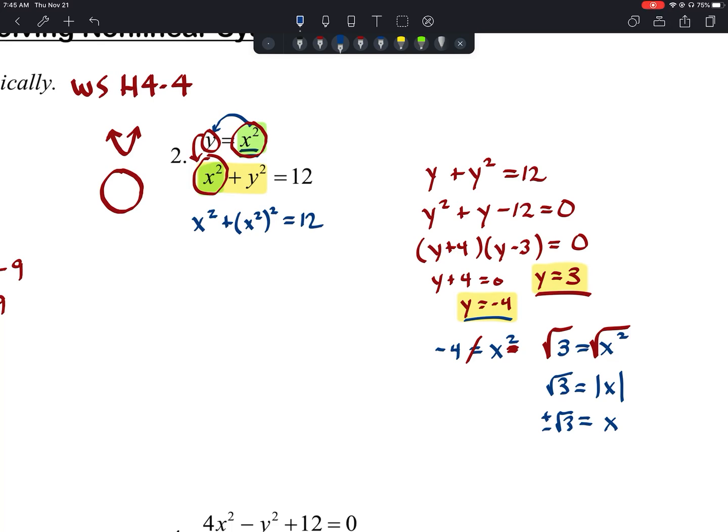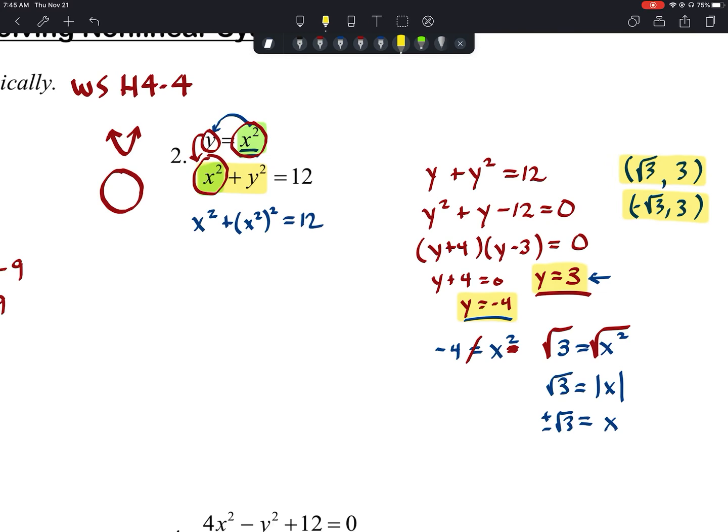That's two different answers. That means when y is 3, we could have a positive square root of 3 for x, or we could have a negative square root of 3 for x. So it looks like there are going to be two answers.